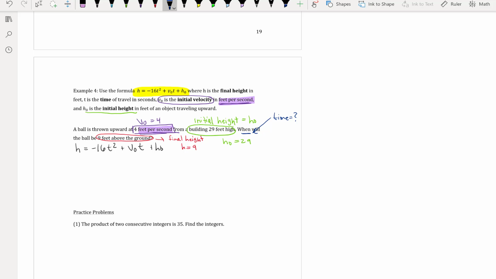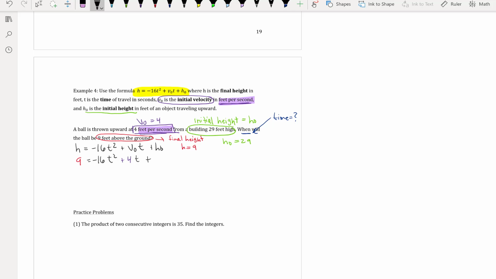So now I'm going to plug in my values. So for the h here, I know that's 9 is equal to a negative 16 t squared. That v naught that we talked about before, my velocity is going to be 4. And the t, I do not know.